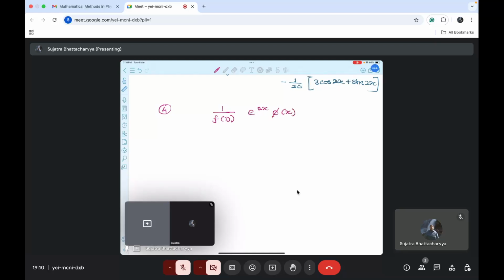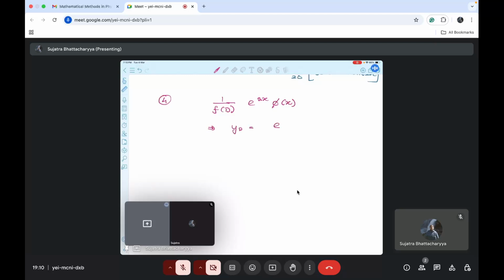So let me show you how you can find y_p in this case. It will be e to the power ax, phi of x will be multiplied simply, and this will be 1 upon f of (D plus a), whatever you want it to be. So this is how the particular solution needs to be found.